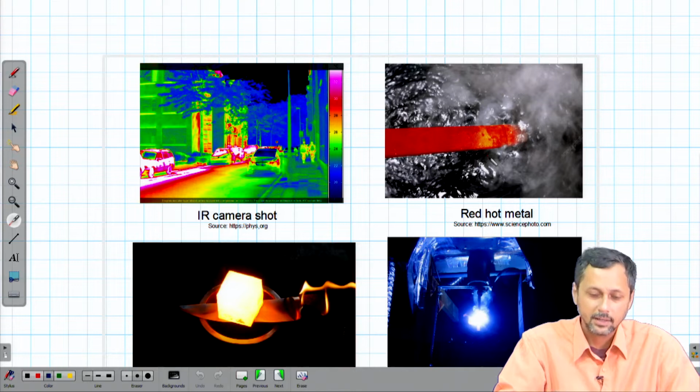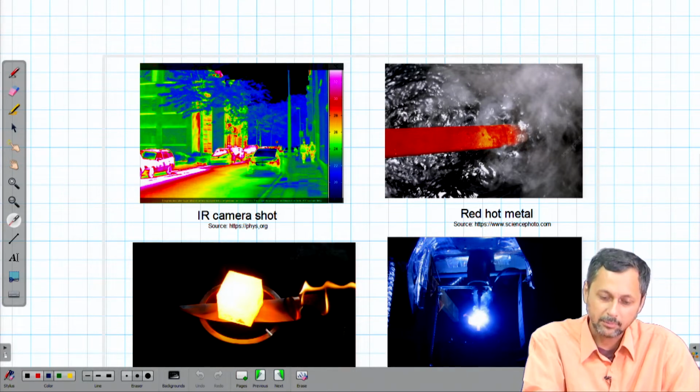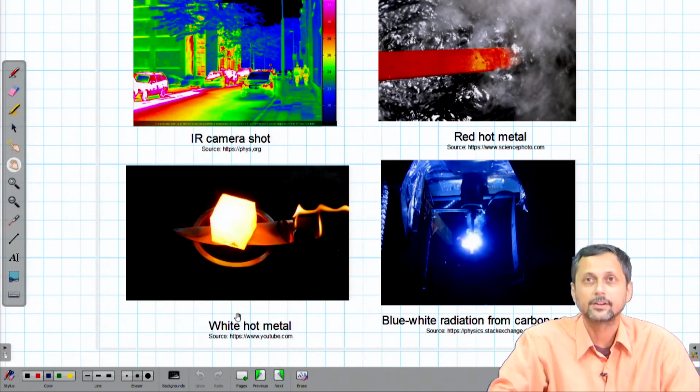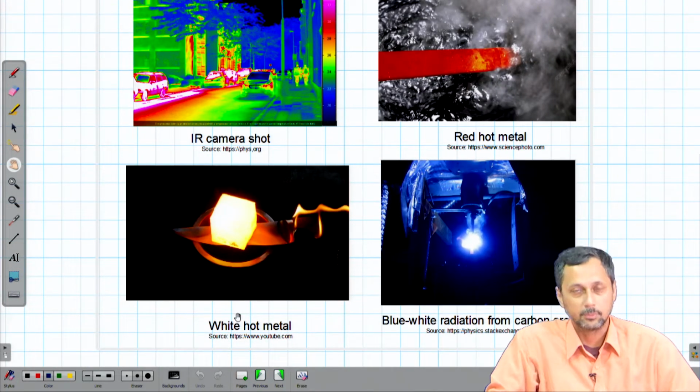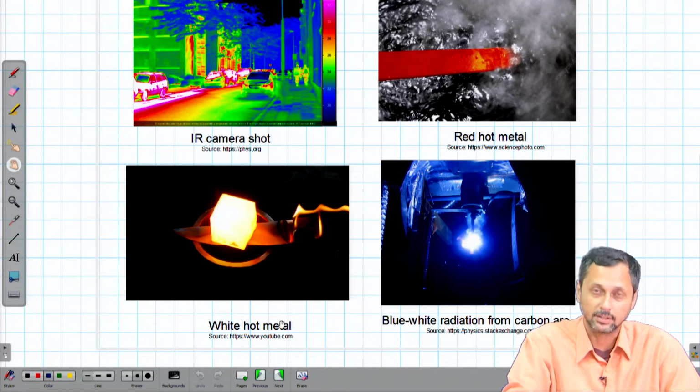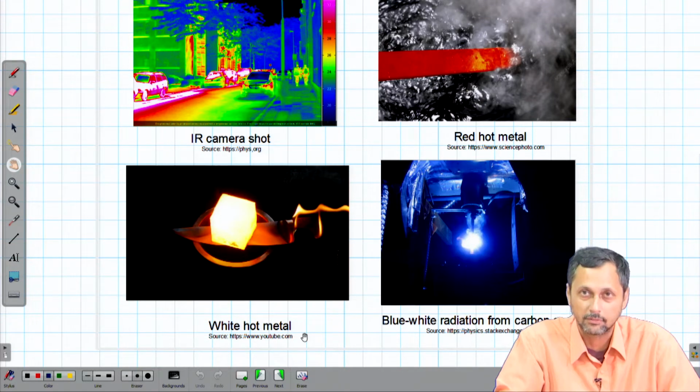Not only that, a tungsten block can be white. It is even hotter than the red one actually. So, it becomes almost white. This is called white hot condition, and this is a tungsten metal. Photo sources are given, so you can have a look.